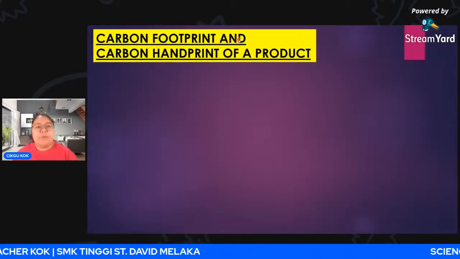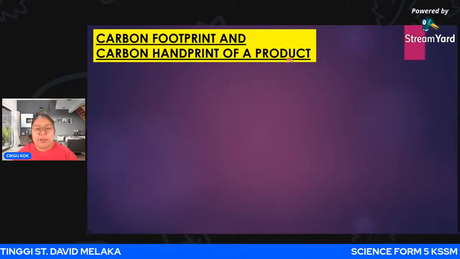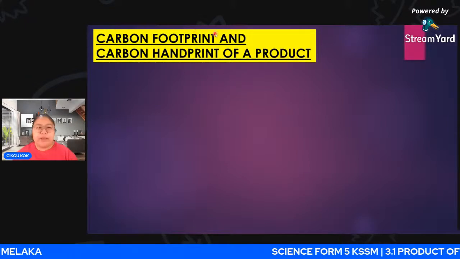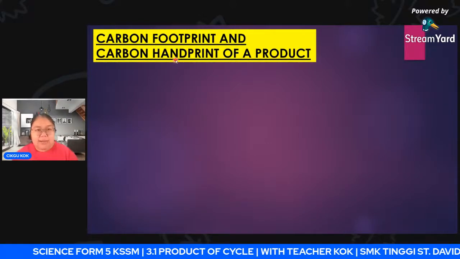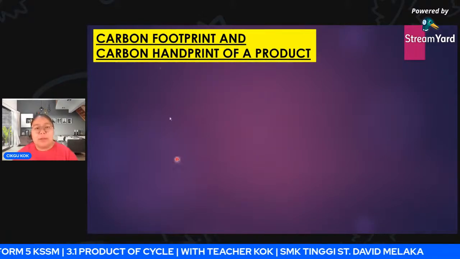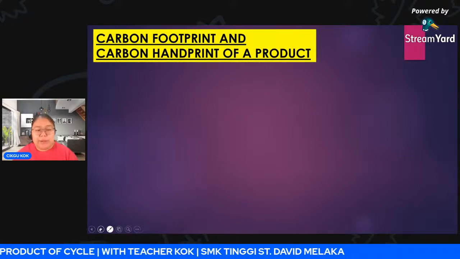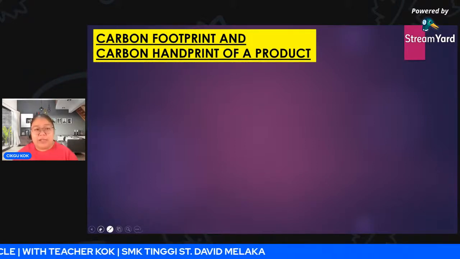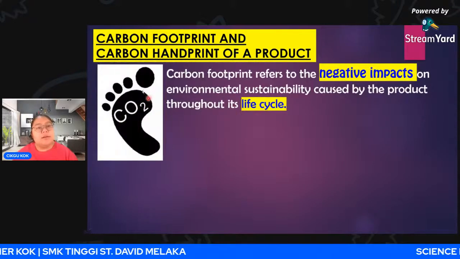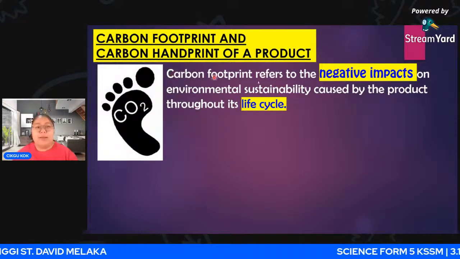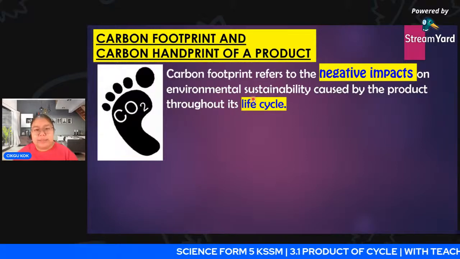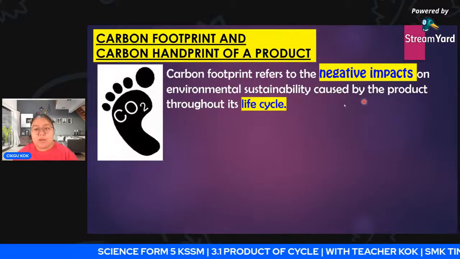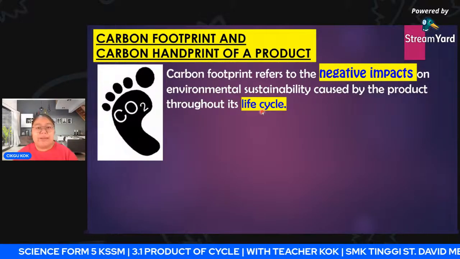Carbon footprint and also carbon handprint of the product. Footprint is a negative effect to our environment. So what we need to do is use our hands to solve the problem, so we call it a carbon handprint. Let's see the two definitions. What's the difference? Carbon footprint refers to the negative impact on environmental sustainability caused by the product throughout its life cycle.